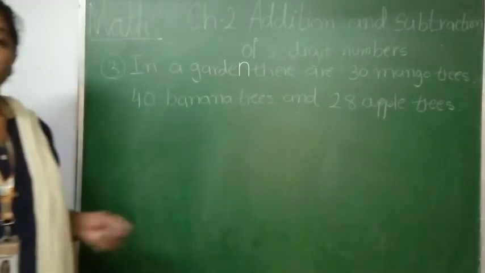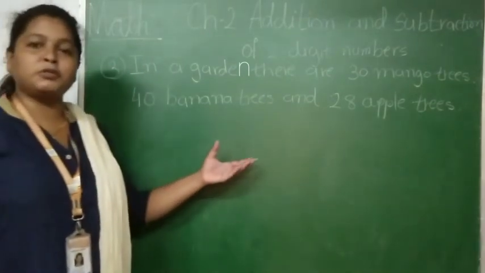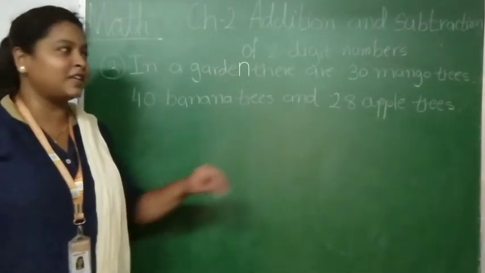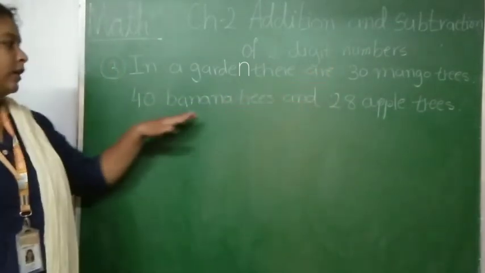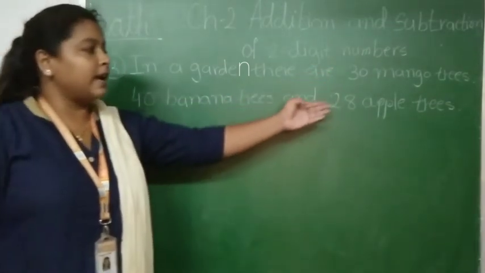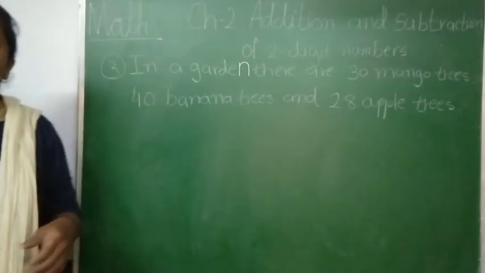So now you will be shocked, ma'am, you told about two numbers here, three numbers are there. One is about mango trees, 40 banana trees and 28 apple trees, right?